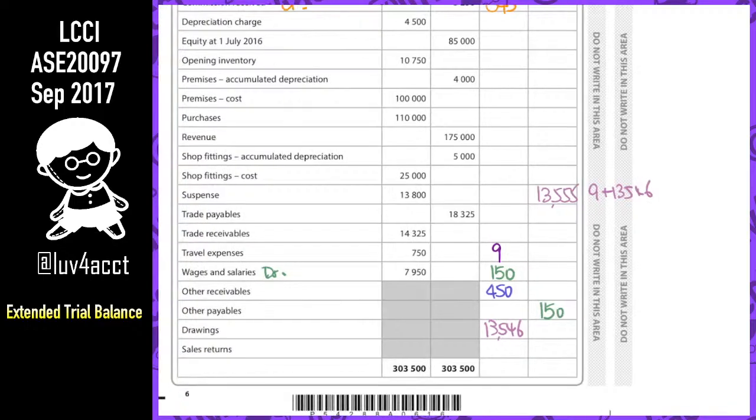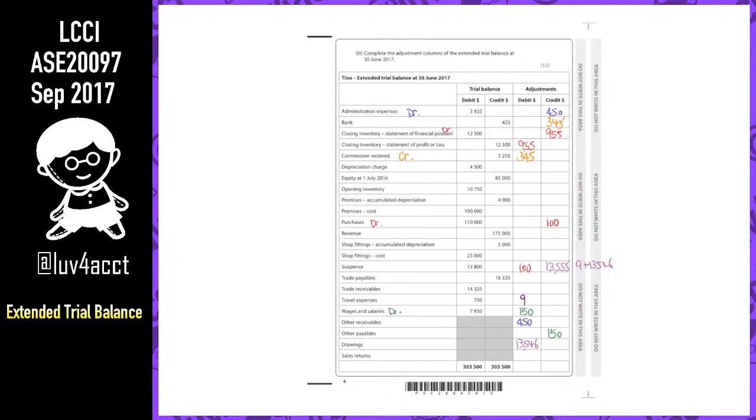Purchases is on the debit side, so if we want to reduce it by 100, credit 100. And then 100 here. Okay, next.